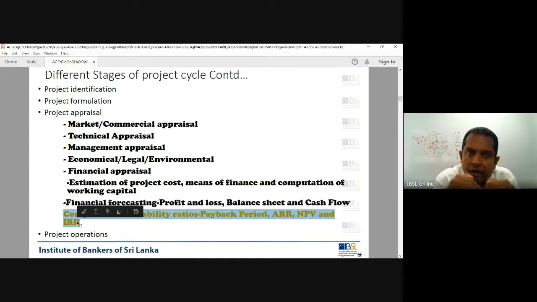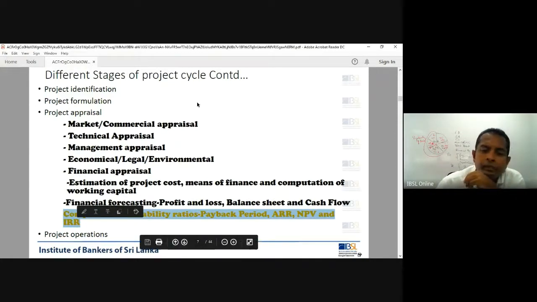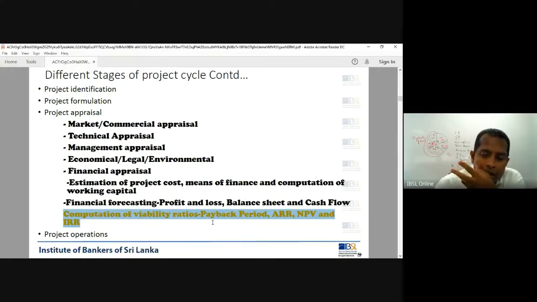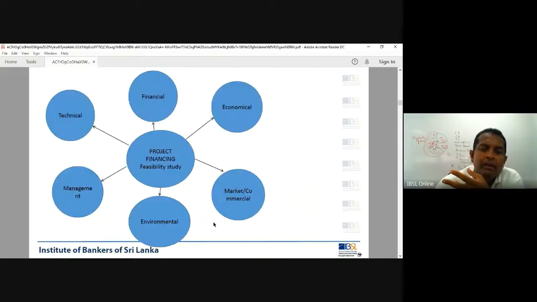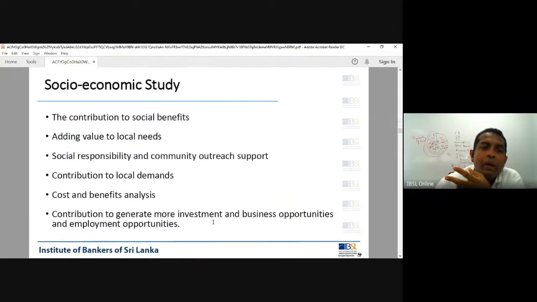Market, then the technology, then the human capital. Then you need to look at the capital cost and the profitability, then social economical impact, and then the environment. Market is the key, all others follow through, right? Now what we are going to do on the investment appraisals, that means we are comparing.